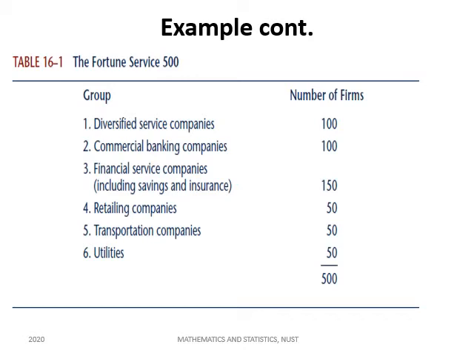So the diversified service companies, there's 100 of them, so 1/5 of the number of companies that I pick should be from the diversified. Same thing, 1/5 of the companies that I pick in my sample should come from the commercial banking, and so on.